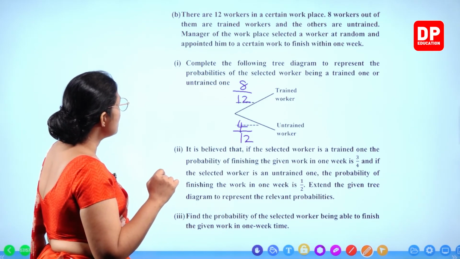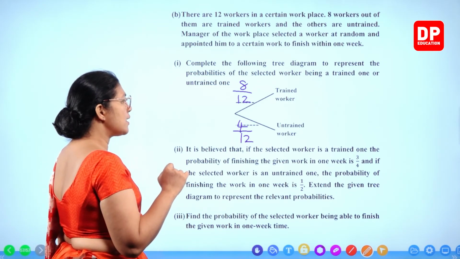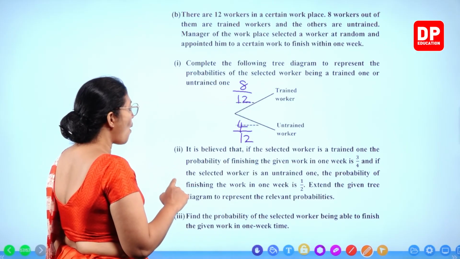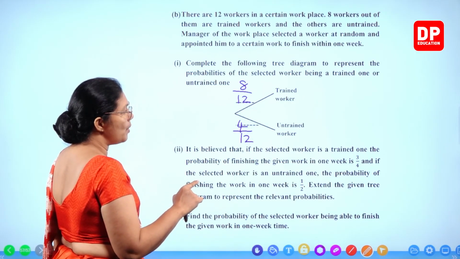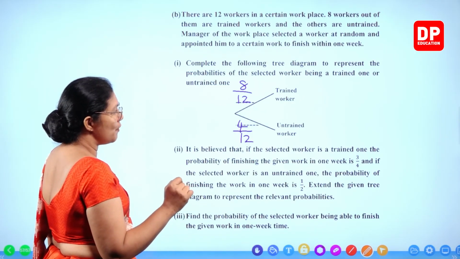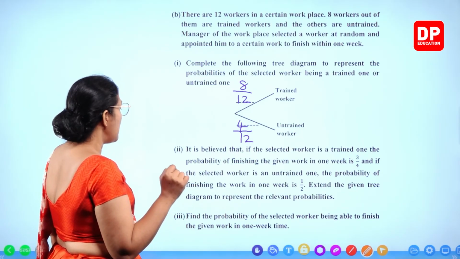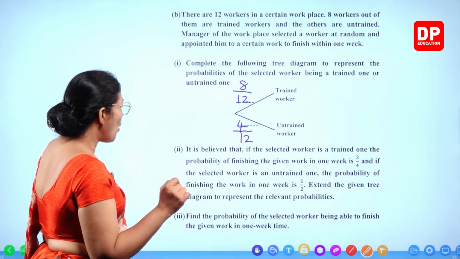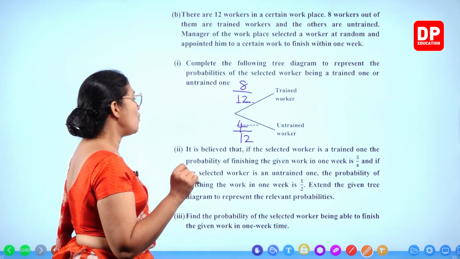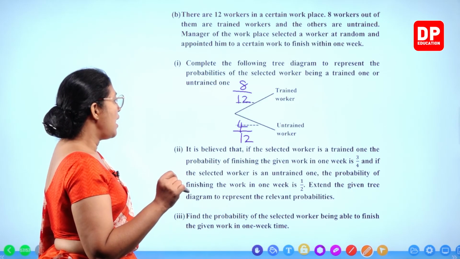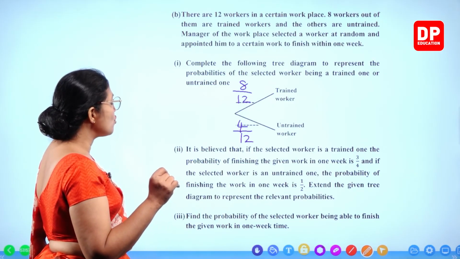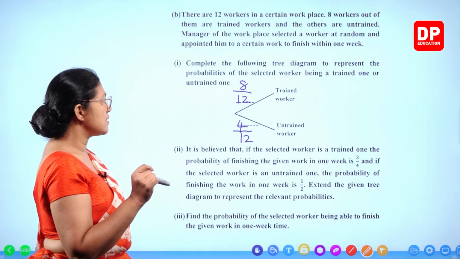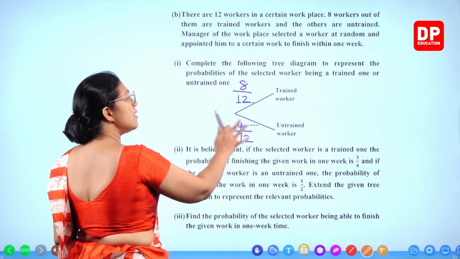Then it says it is believed that if the selected worker is trained one, the probability of finishing the given work in 1 week is 3/4. And if the selected worker is an untrained one, the probability of finishing the work in 1 week is half. Extend the given tree diagram to represent the relevant probabilities. So you have to extend this tree diagram.